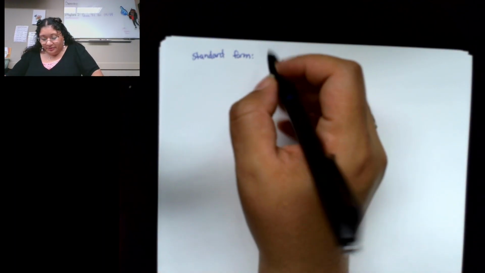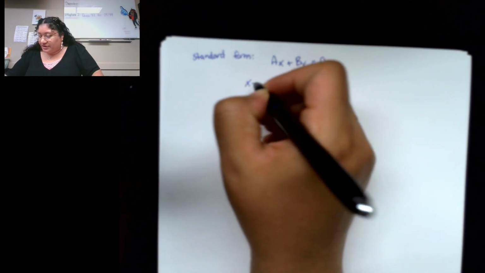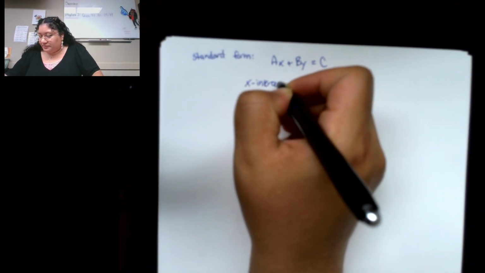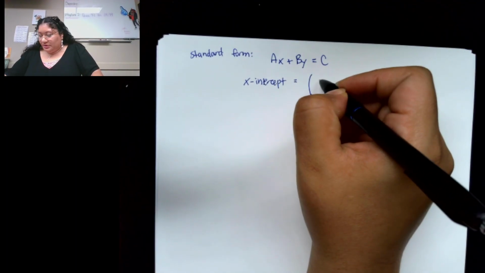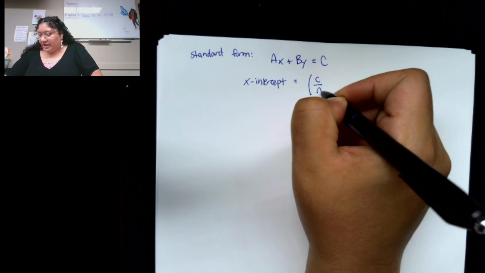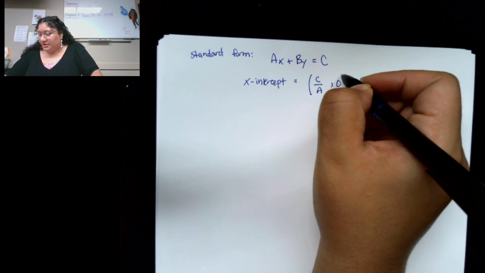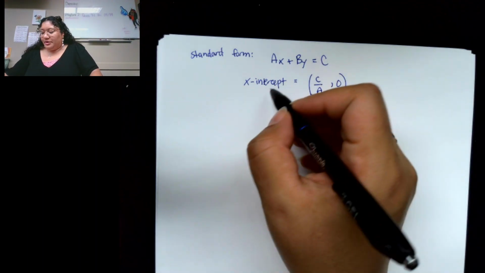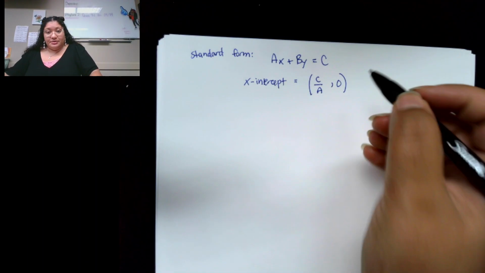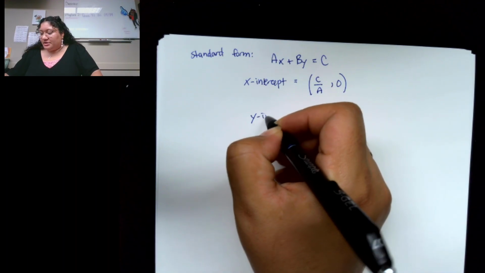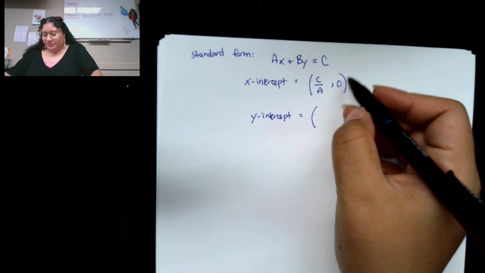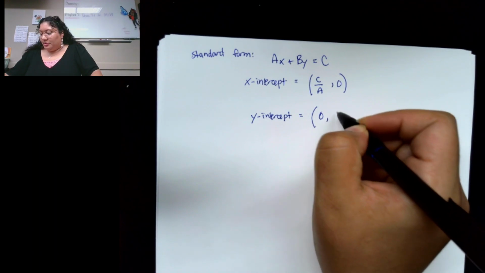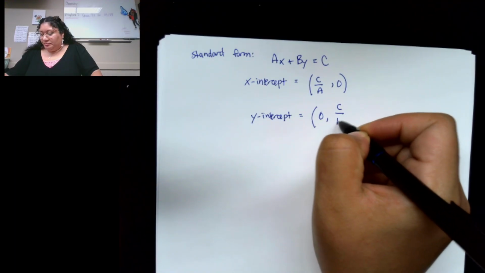What I do to find the x-intercept, I would do c over a comma 0, because again, for my x-intercept, I always make my y 0, and for my y-intercept, I would do 0 comma c over b.